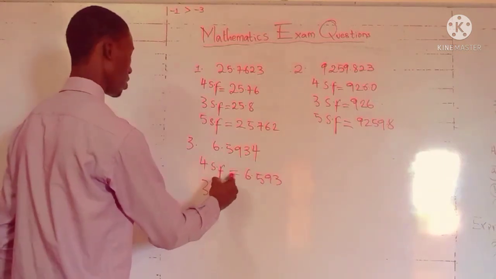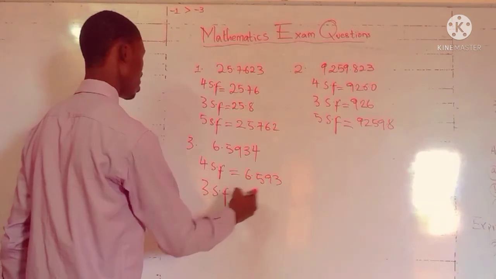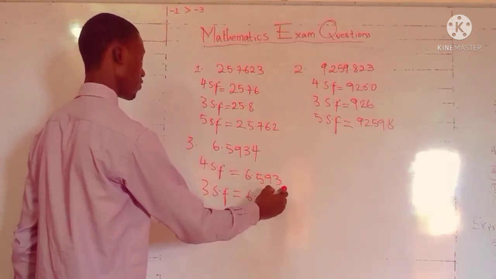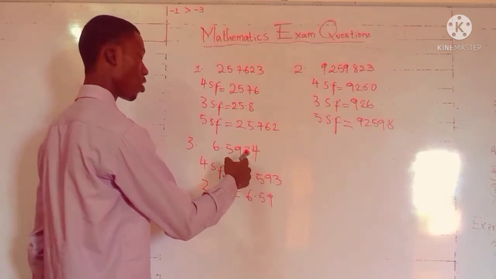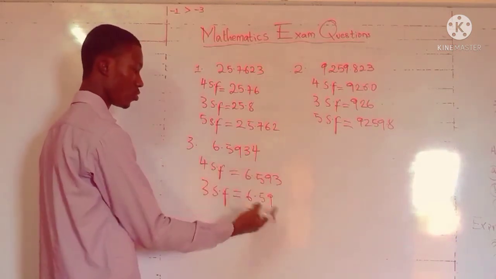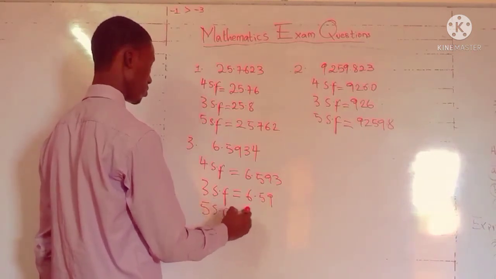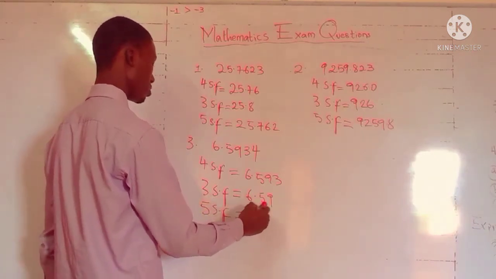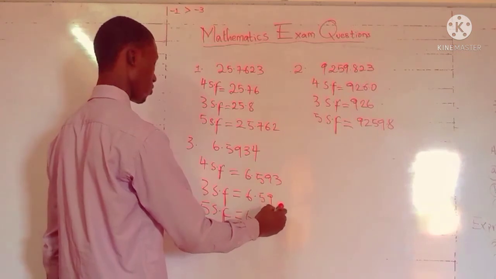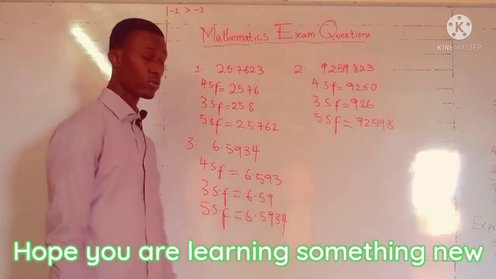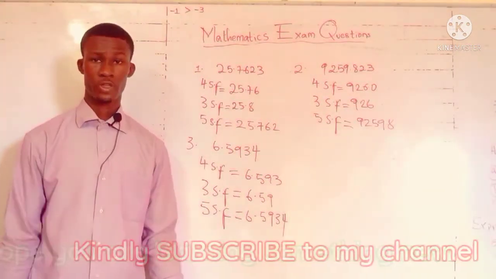Now 3 significant figures. Count 3 digits. So we have that it is 6.59. 3 is not up to 5. So we'll leave it that way. Now 5 significant figures. Our answer is 6.5934. So that is it for significant figures.